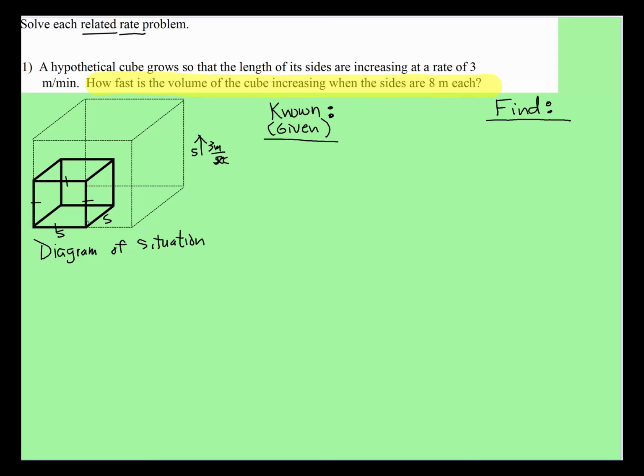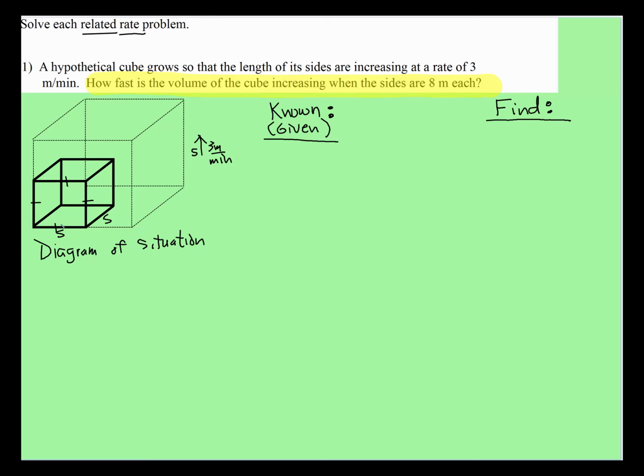I drew the cube, and then the cube that has grown, and stated the sides are increasing. The up arrow means increasing at 3 meters, and I put seconds, but it should be minutes.